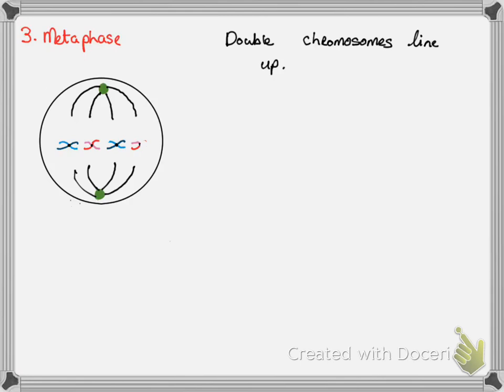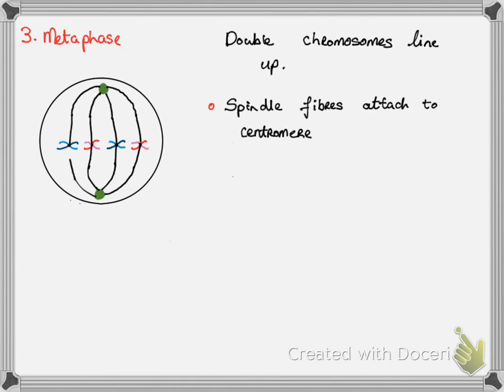So here, double chromosomes line up in the center of the cell. So you can see now they're no longer wandering around, they're in a distinct line. The spindle fibers attach to the centromere.